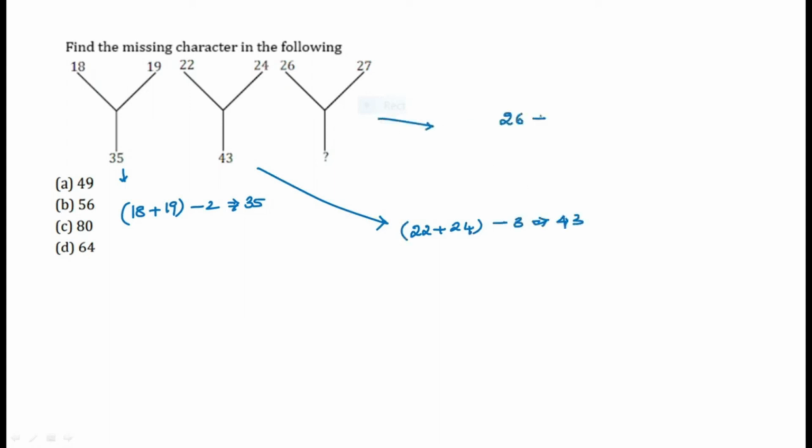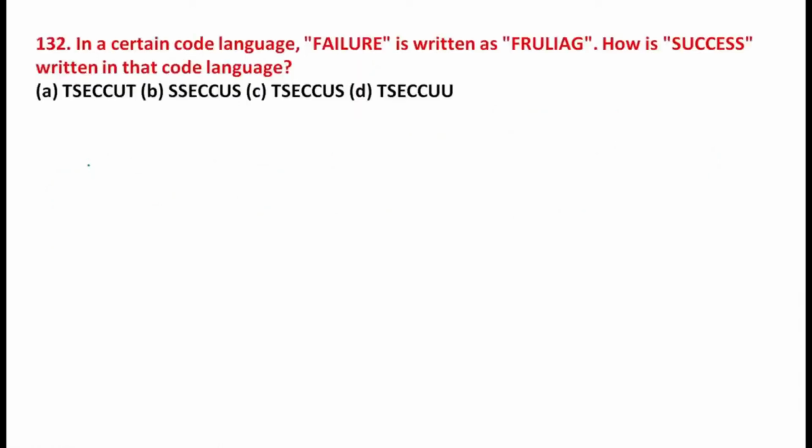The next value is definitely 26 plus 27. First we subtract 2, next we subtract 3, next definitely subtract 4. Now 26 plus 27, the total value is 53. Now 53 minus 4 is equal to 49. Yes, the way we are solving the question is most important. Nice, the answer is correct. Go for the next one.